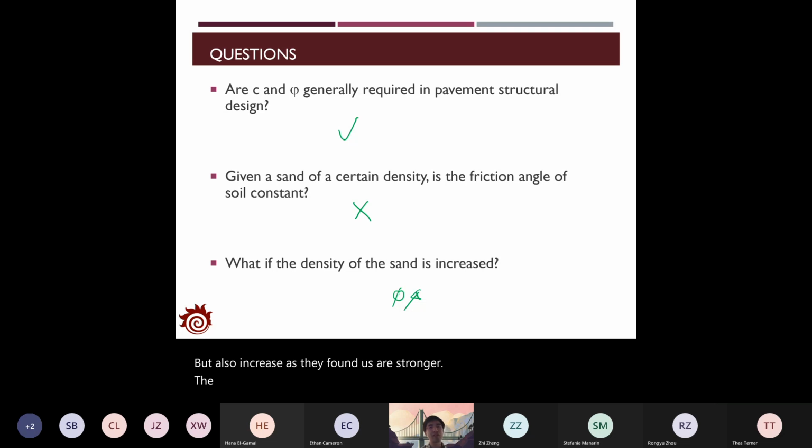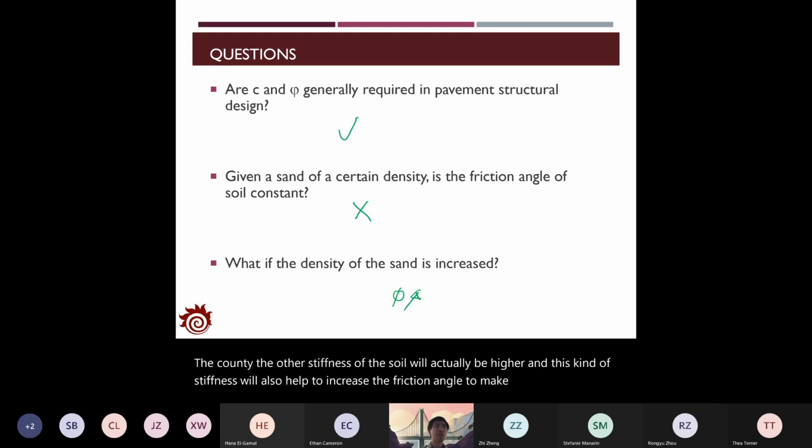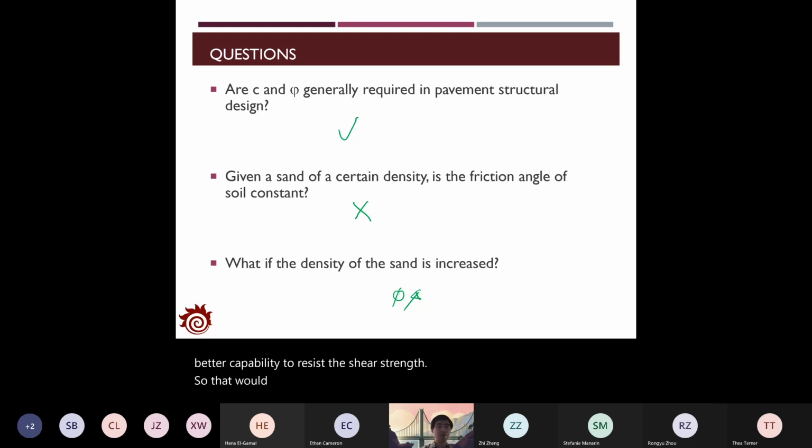The stiffness of the soil will be higher, and this stiffness will also help to increase the friction angle, giving the soil a better capability to resist the shear strength. So that would be the result of the triaxial compression test, and with that we finish all the topics about the soil properties.